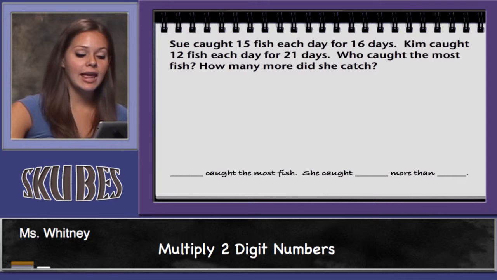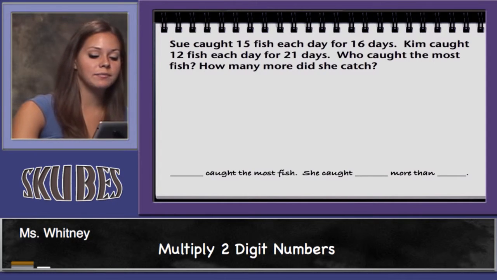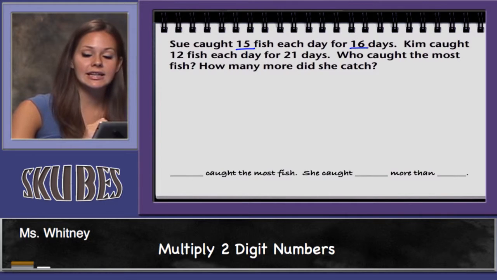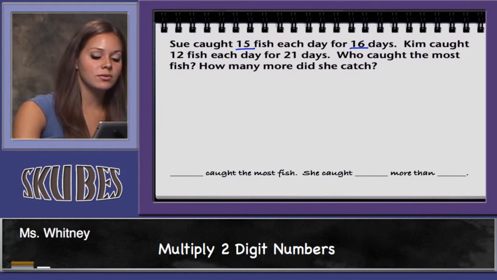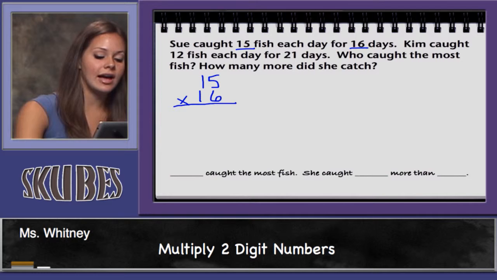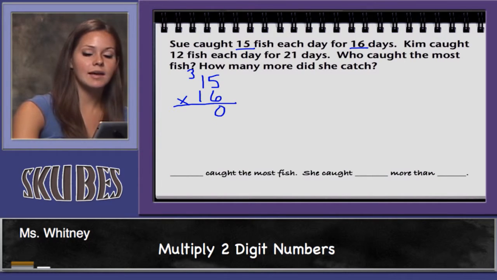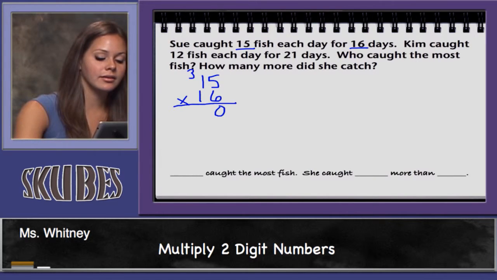So first, let's determine how many fish Sue caught. She caught 15 fish for 16 days. So we need to multiply 15 times 16. 6 times 5 is 30. 6 times 1 is 6 plus my 3.